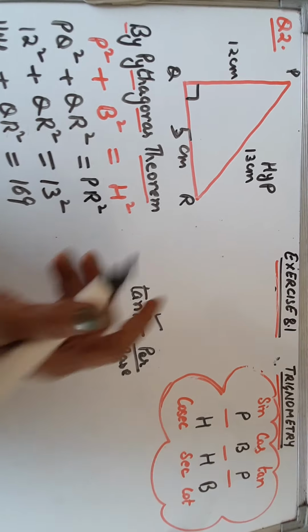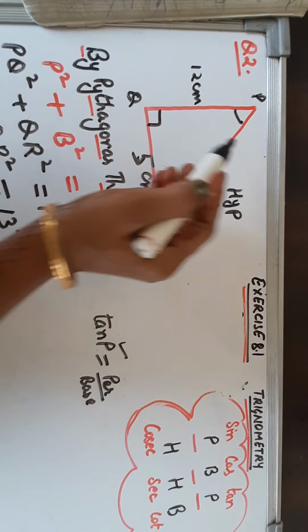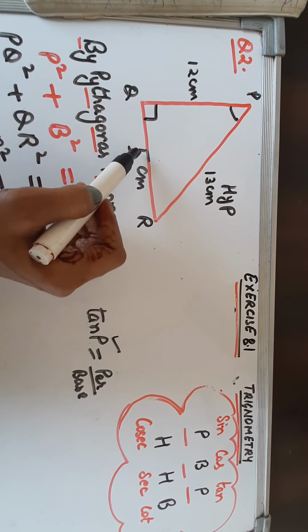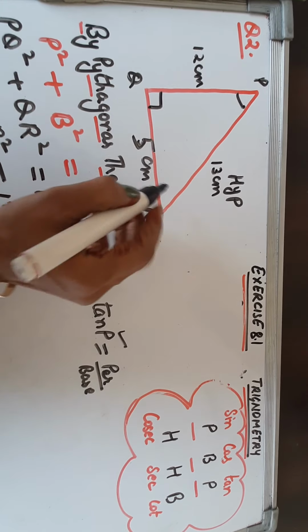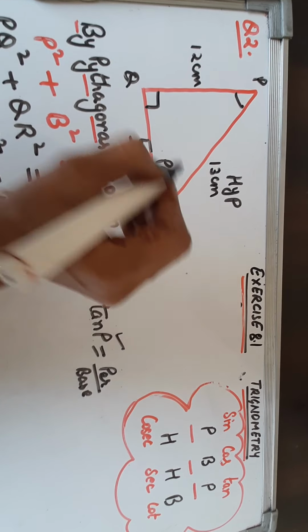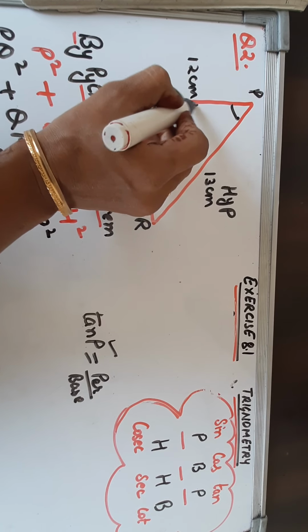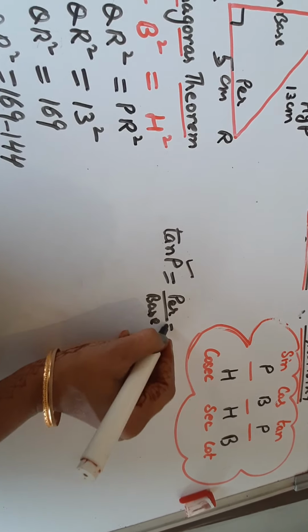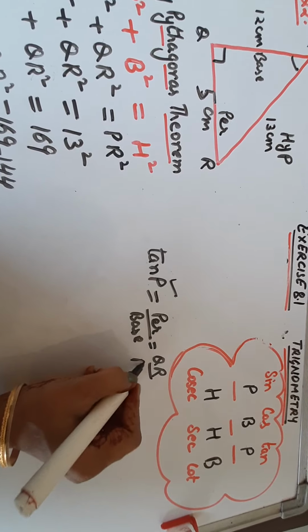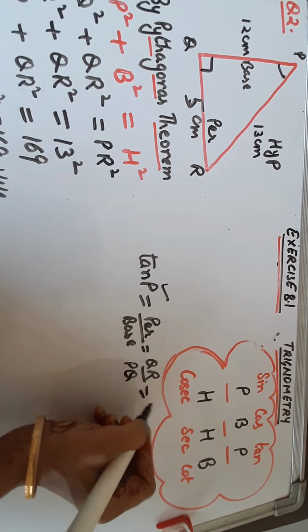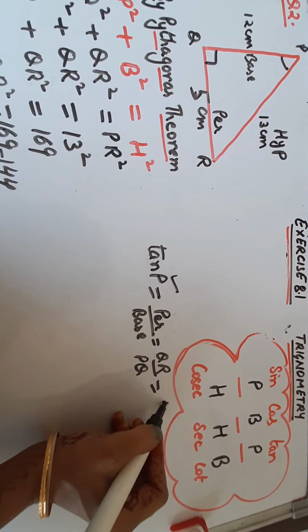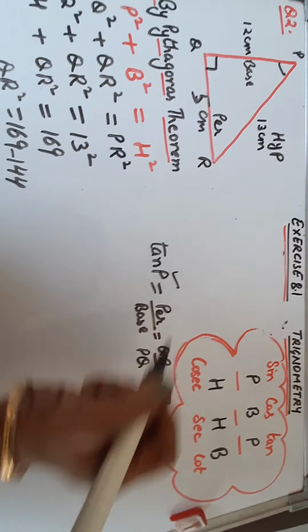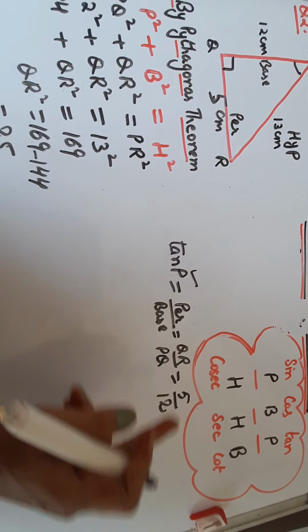Angle P is involved. So according to angle P, the opposite side is QR. So this will be the perpendicular and the third side left will be the base. So according to angle P, QR is the perpendicular upon base PQ. QR is 5 centimeter upon PQ is 12. So this is tan P.